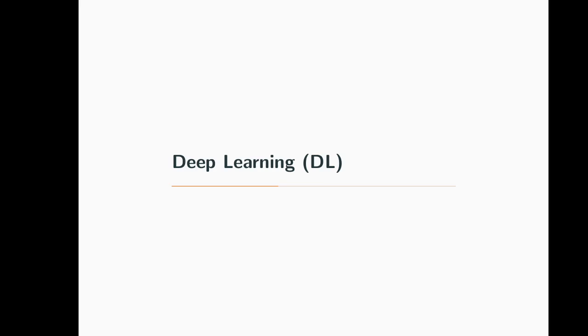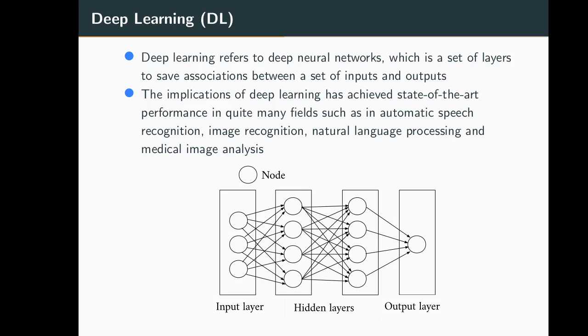Let's now talk about some concepts of deep learning. Deep learning is used to generate a powerful model that takes data in input and uses it to predict a good solution in the output.